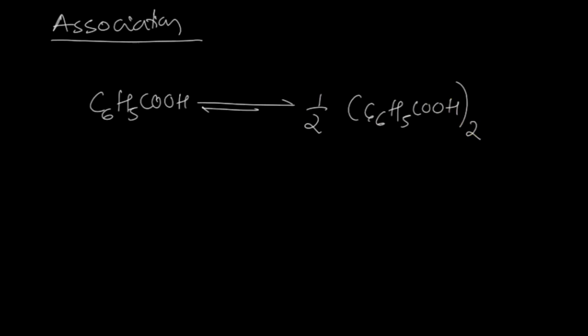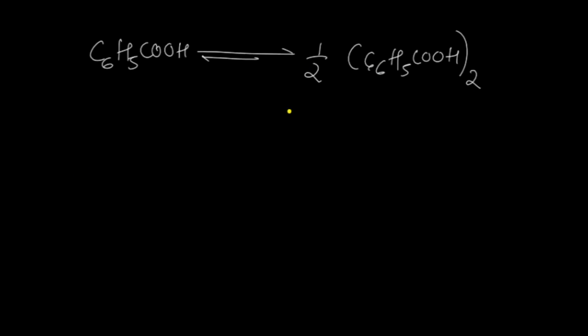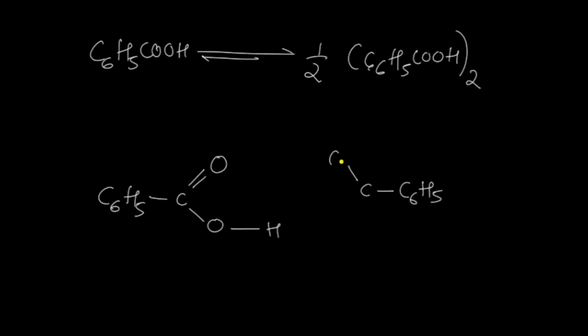How is the structure? Let me write the structure. We write C6H5, then C double bond O, and on this side O and H. The same molecule we write on the other side: C6H5, C, O, H, and a double bonded O. There is interaction between the hydrogen and oxygen atoms of different molecules, and like this two molecules combine and form one molecule.